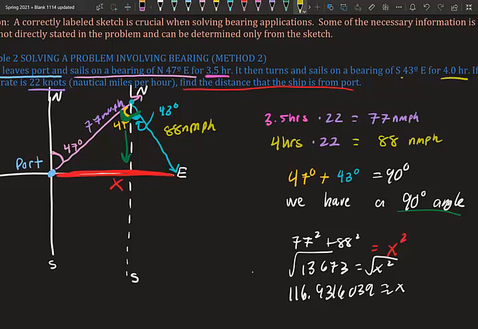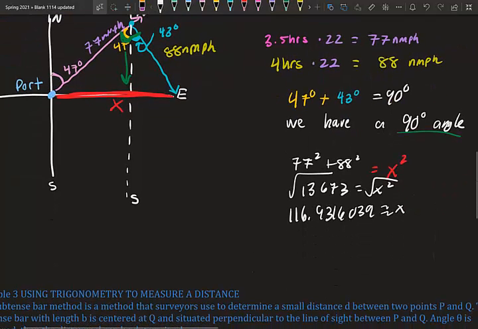Just 2 significant digits. So we're going to round this to 2 significant digits. How do we round this to 2 significant digits if it's 116.9316 and so on? Well, I need a 0. I can't do 117 because that's 3 significant digits. 118, that's not. 119, that's 3 significant digits.